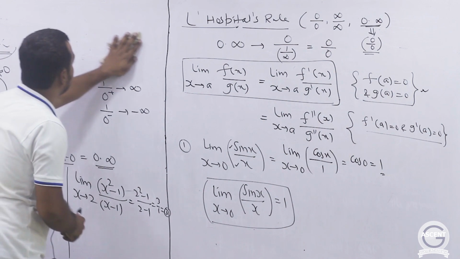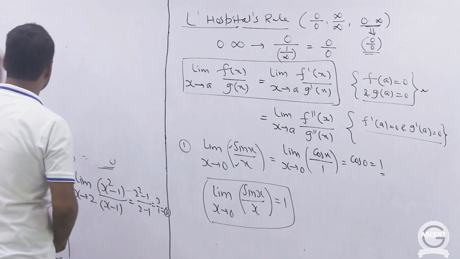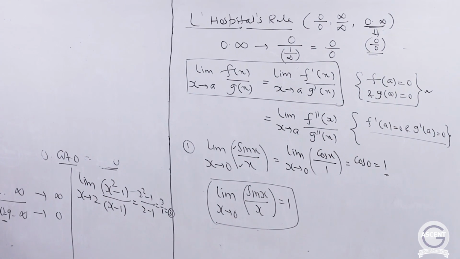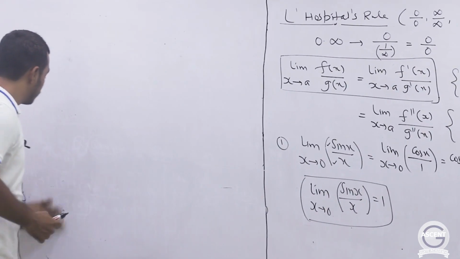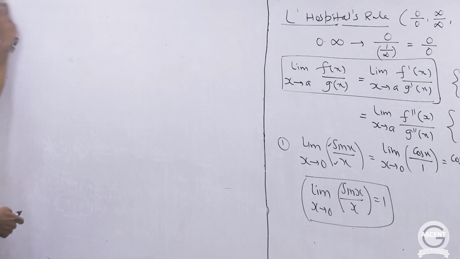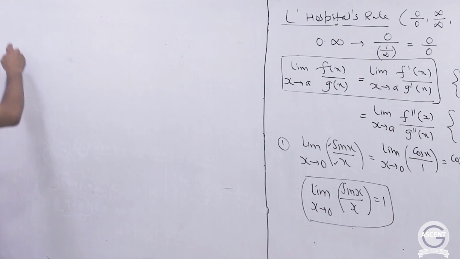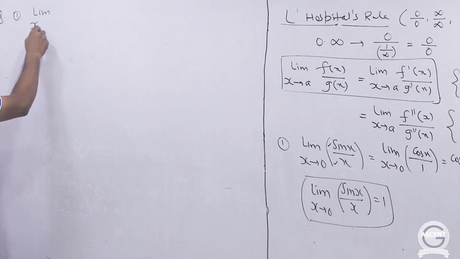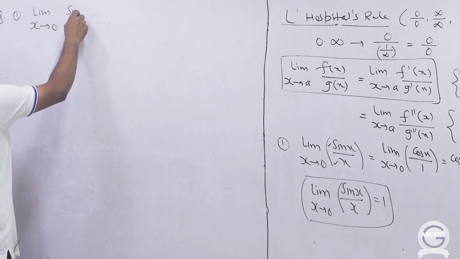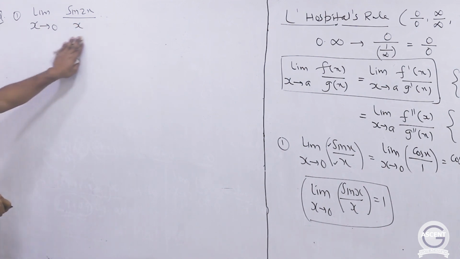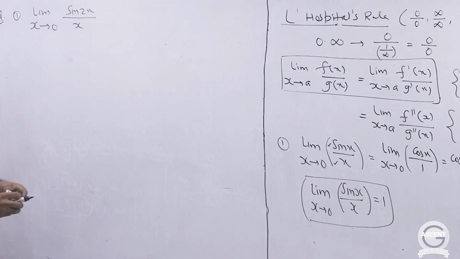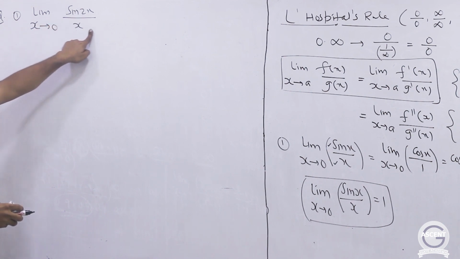Now there are a number of types of questions that are asked based on this formula. So we are going to see some examples of how to use this formula. Suppose I have to find the value of limit x tending to 0, sin 2x by x. Here also you can see that this is 0 by 0 indeterminate form.